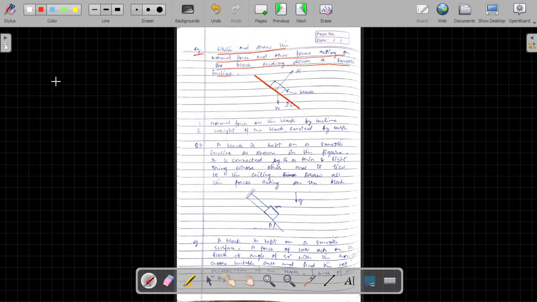So what are the forces acting on this block? The forces acting on the block would be the weight of the block. That would be the one force which we should write at least. So one force is the weight of the block, and the other is the normal force on the block.